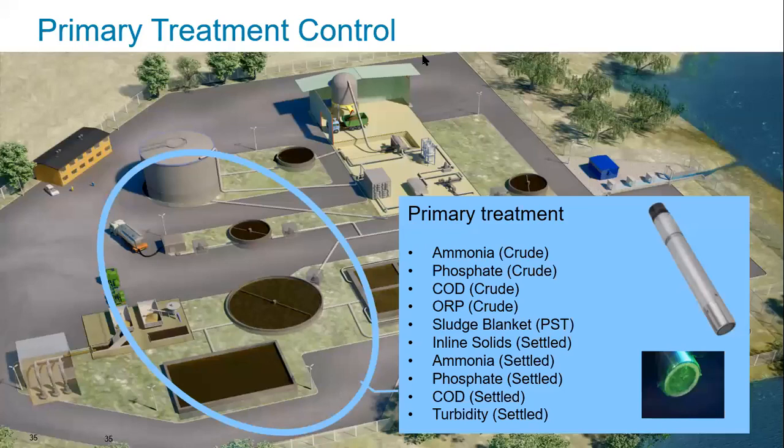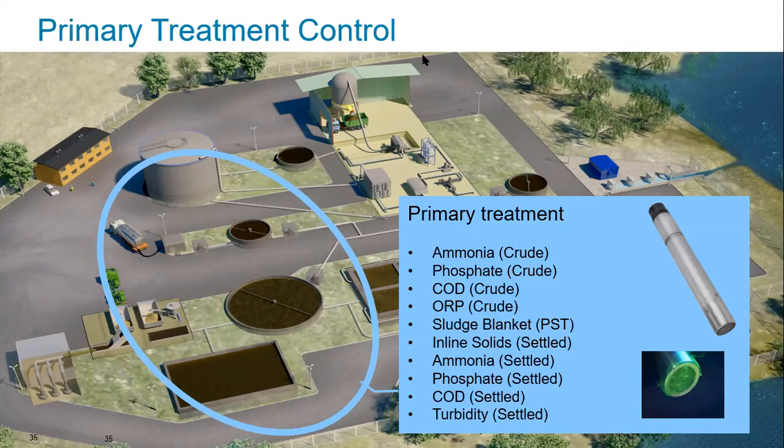Obviously, aeration and secondary biological treatment isn't the only area we can improve and gain efficiencies. In primary settlement, we can measure many different parameters: ammonia coming in, phosphates. In PSTs, we can measure sludge blanket, and we can optimize almost any of those processes by understanding how the process works, and then subsequently what flow and load is coming onto the works.